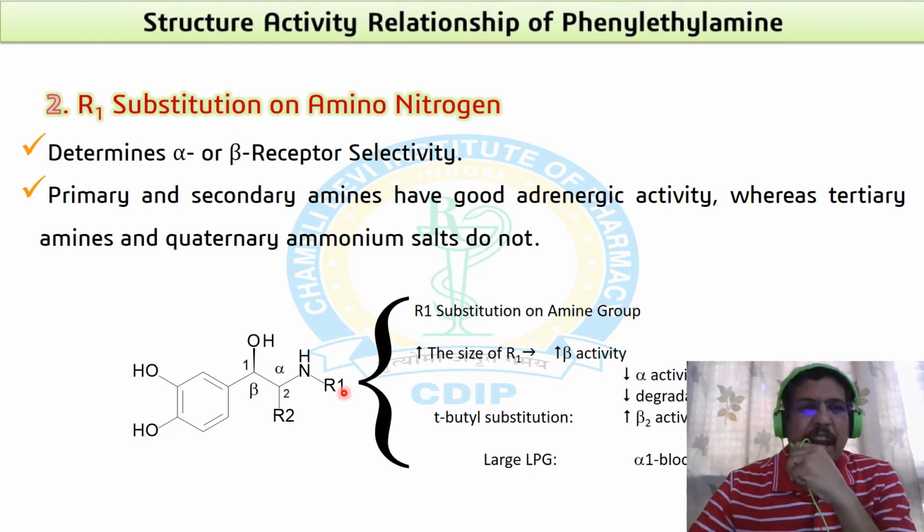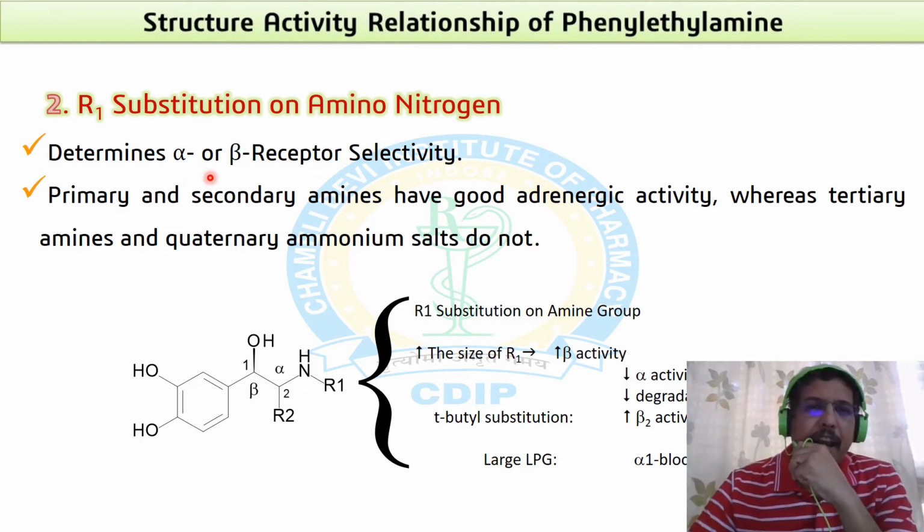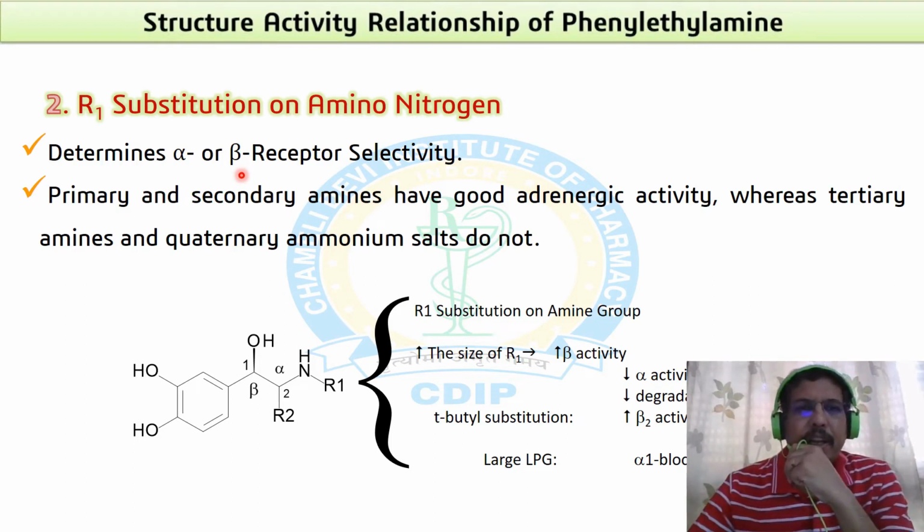Apart from that, R1 is also responsible for determining the selectivity of molecules towards the alpha or beta receptor, because adrenergic receptors are mainly classified into two broad categories.